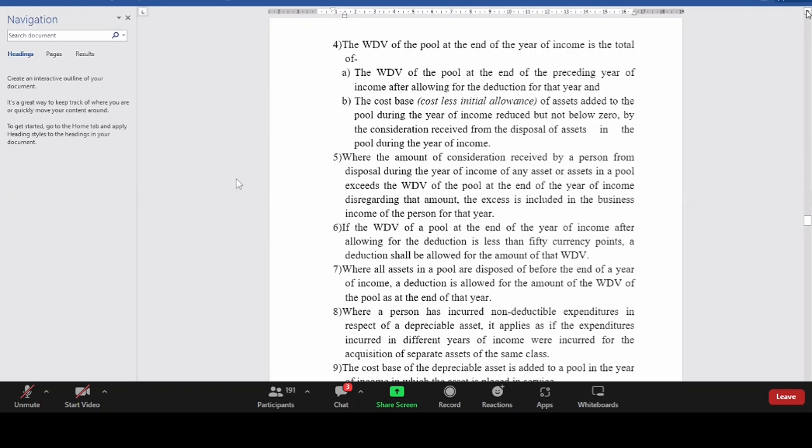But they are saying, reduced not below zero by any consideration received from the disposal of the asset. Long story short, what are we saying? Written down value of the asset is your closing balance of last year. Add any cost base of any new asset constructed or purchased during the year. In short, we call it addition.